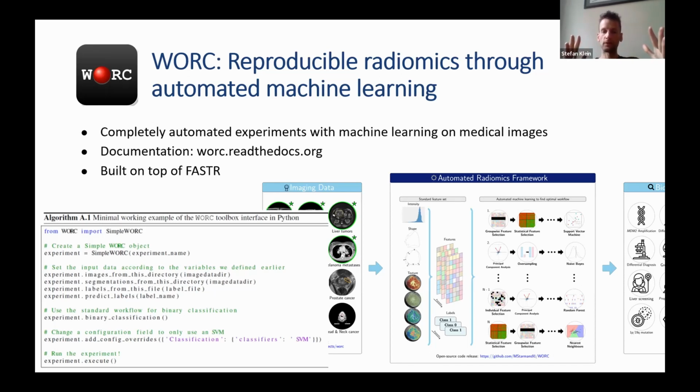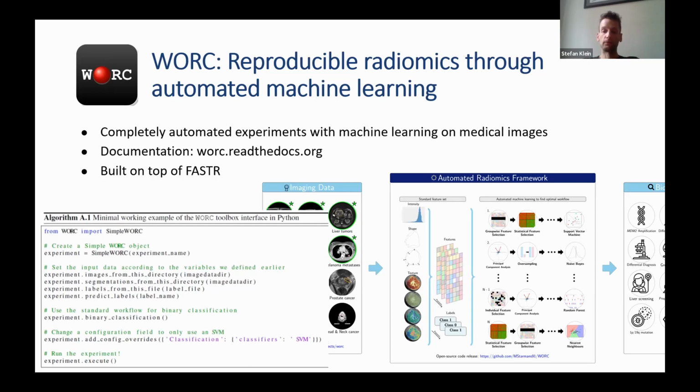So all you have to do is point to the set of data and which ground truth labels, or what you want to predict or classify.